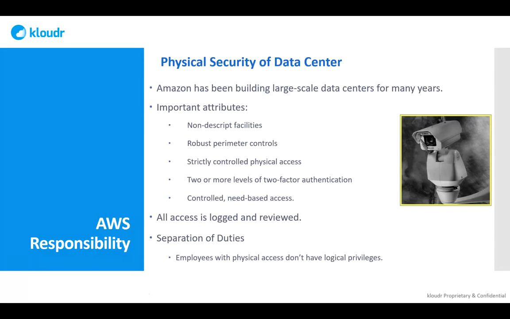And definitely they have strictly controlled physical access using three layers. All access to the data centers is logged and reviewed. In addition, they segregate duties between physical and logical access. For example, AWS employees don't know the exact address of the data centers.